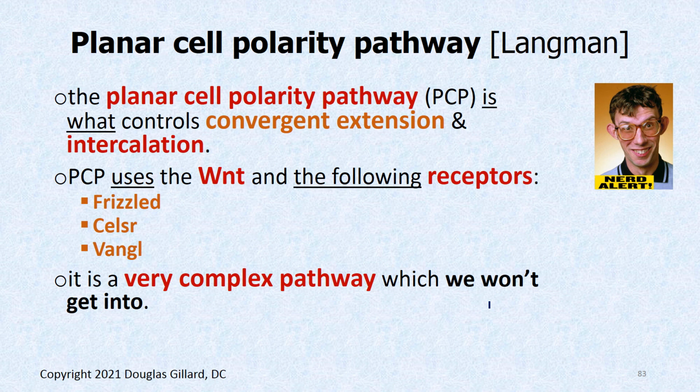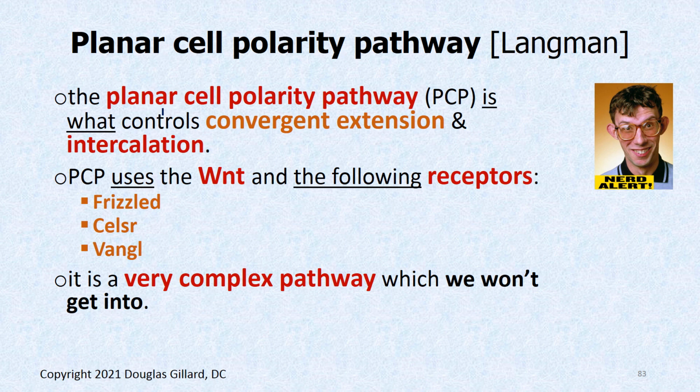So there are some receptors involved in this. This is really, really complex, and this is for chiropractors, probably for all medical, physical therapy, acupuncture, it's probably too deep. I'll just mention it though. The planar cell polarity pathway is what controls convergent extension and intercalation. So this is the actual workhorse of genes that does it.